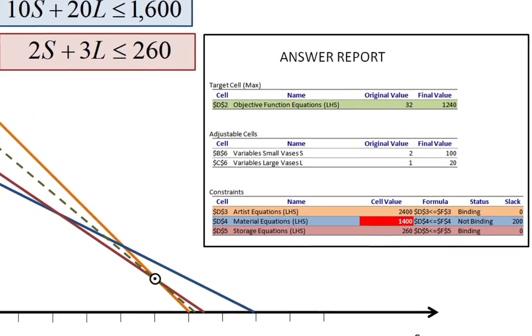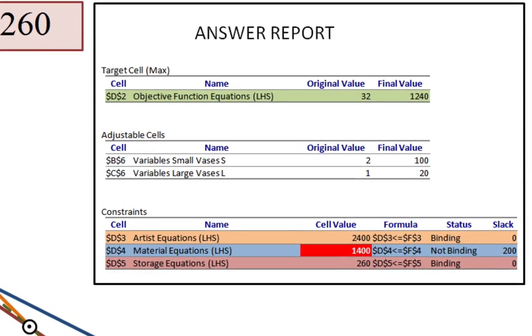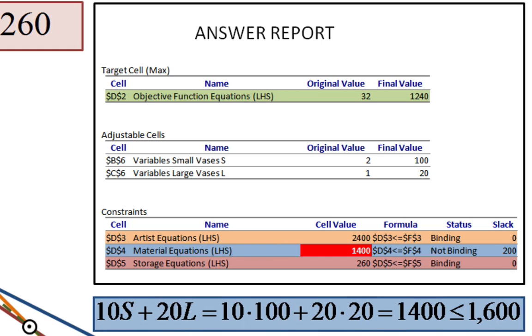Let us now look at the material equation. Here the cell value is 1400. Recall that the material equation was 10s plus 20l, which now, with our final values, reads 10 times 100 plus 20 times 20 equals 1400, which is exactly our cell value.